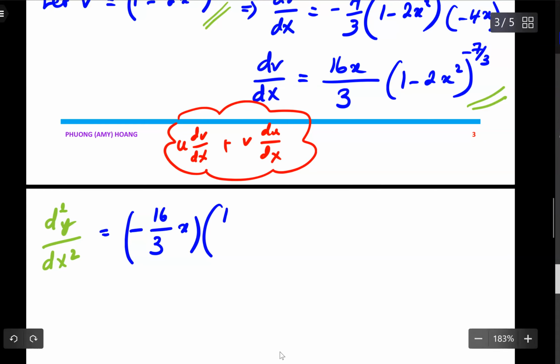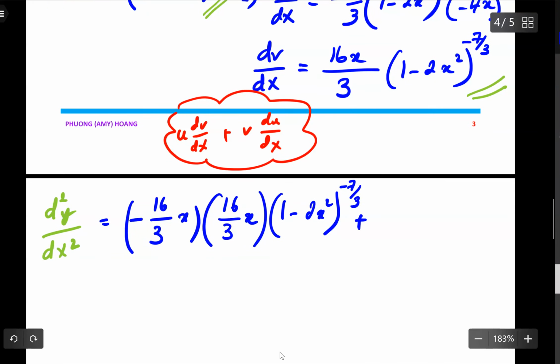V is a function of x, so 16 over 3x. And this time I have to multiply by 1 minus 2x squared, all of it raised to exponent negative 7/3.